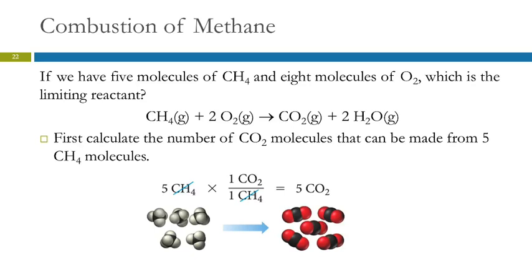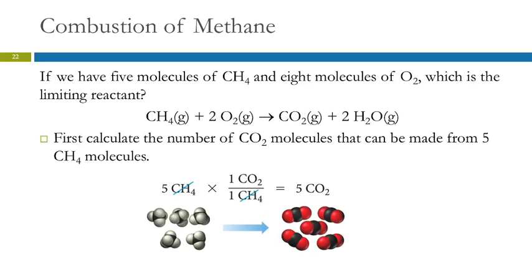Well, we're going to look at each of the reactants first. So here's the methane. There are 5 methane molecules. From our equation here, we see that we are going to generate 1 carbon dioxide molecule from every methane molecule. So if we had 5 of these, we could make 5 of those.